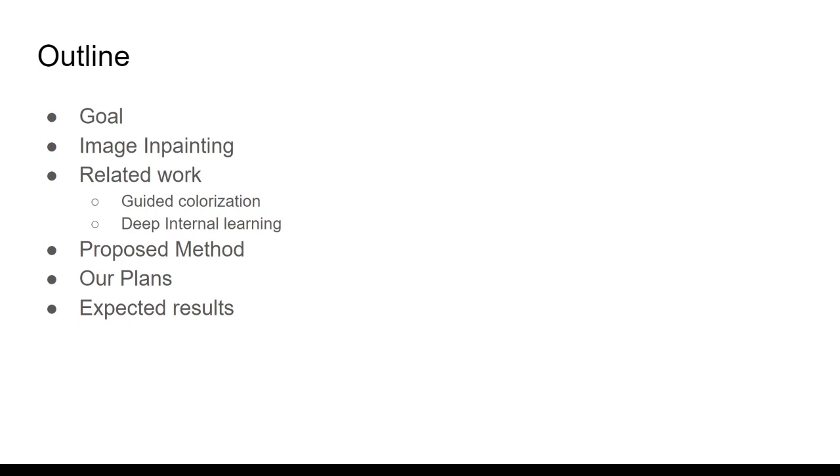Next, we will present the task of image inpainting, and then we will introduce related work, including guided colorization and deep internal learning. Next, we will introduce proposed methods and our plans. Finally, we will show you our expected result.